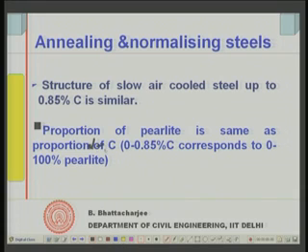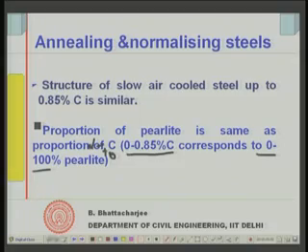When carbon percentage varies from 0 to 0.85%, pearlite varies from 0 to 100%. So, at 0.85% carbon you have 100% pearlite, and if you have less carbon, the percentage of pearlite will change accordingly in the structure. So, from the percentage of pearlite in the structure of the steel you can find out the percentage of carbon indirectly.